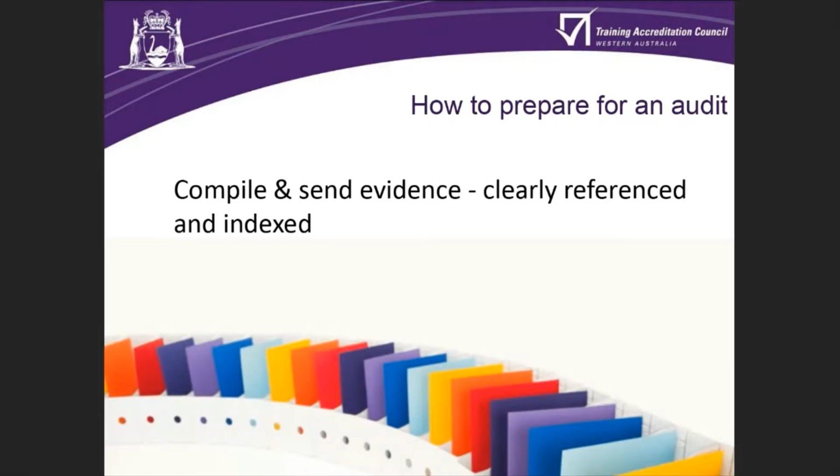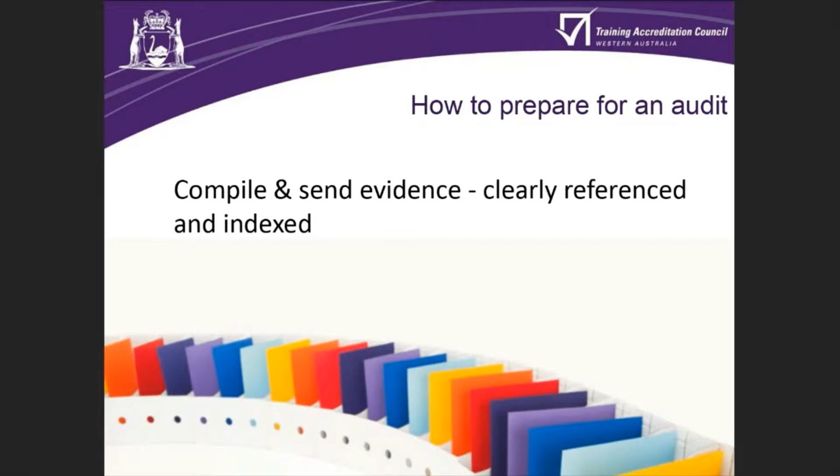So, one of the best ways you can help the auditor out is to give them a Word document with a table of some sort, maybe with the name of the document, accurate name of the document, how it assists in meeting the requirements of the standard, so that the auditor can then clearly see what they should be looking at.